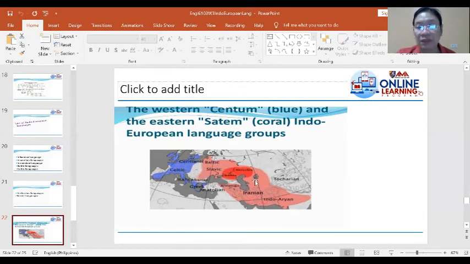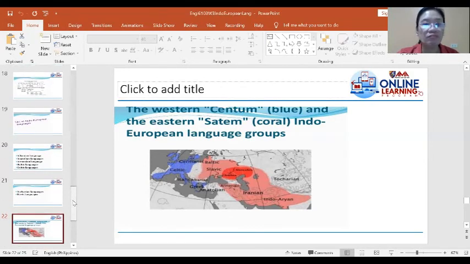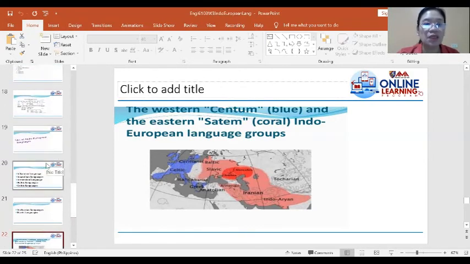The pinkish one is the Indo-European language groups. Okay, so these are the Indo-European family languages.